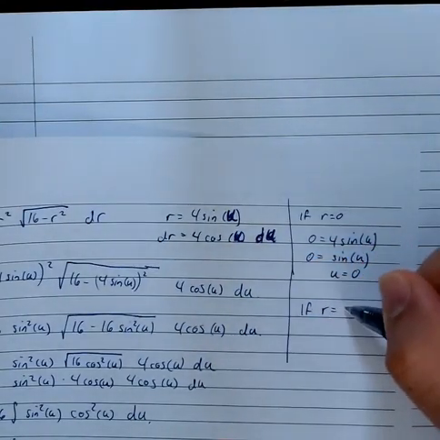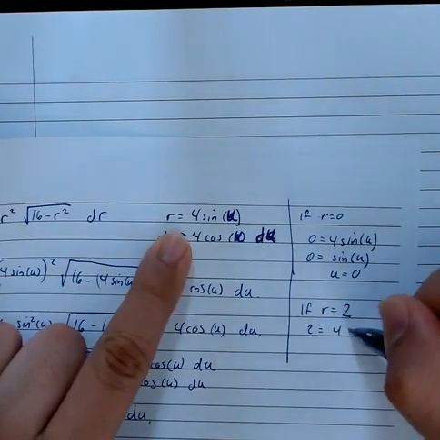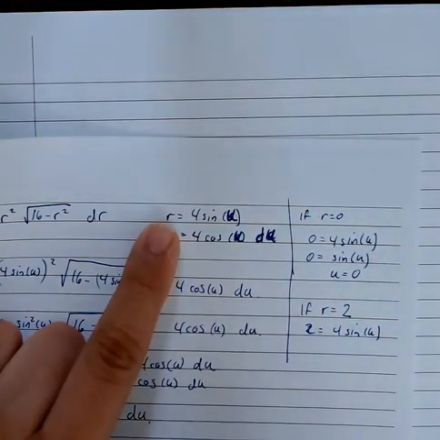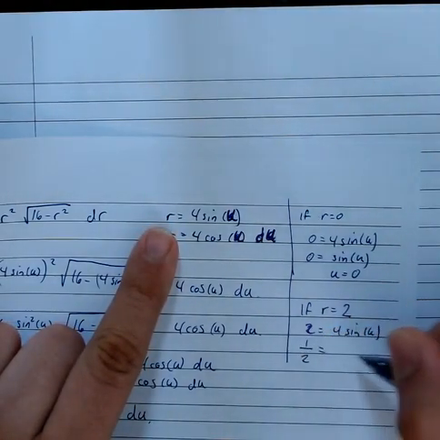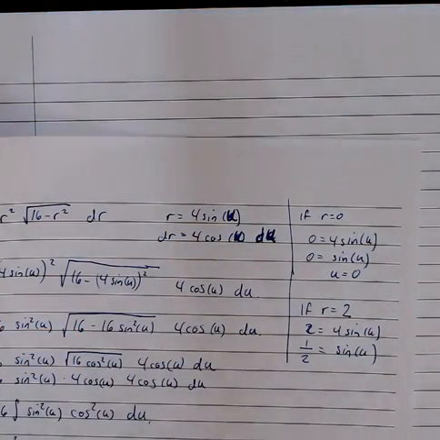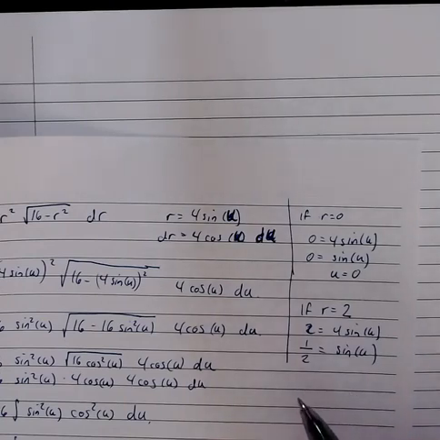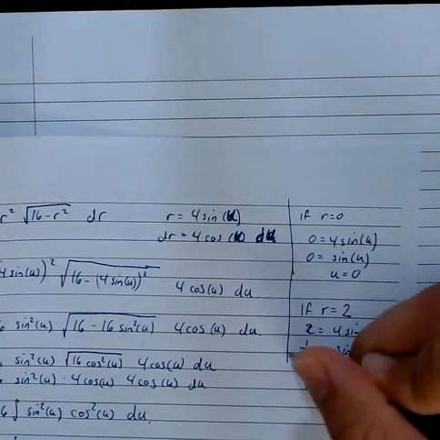If r is equal to 2, that's going to be 2 equals 4 sine of u. I'm just plugging that 2 in right there. Now I can divide both sides by 4, so I get 1/2 is equal to the sine of u. And if I want an angle whose sine is equal to 1/2, well, that's the inverse sine of 1/2, which is pi over 6. So here u is equal to pi over 6.